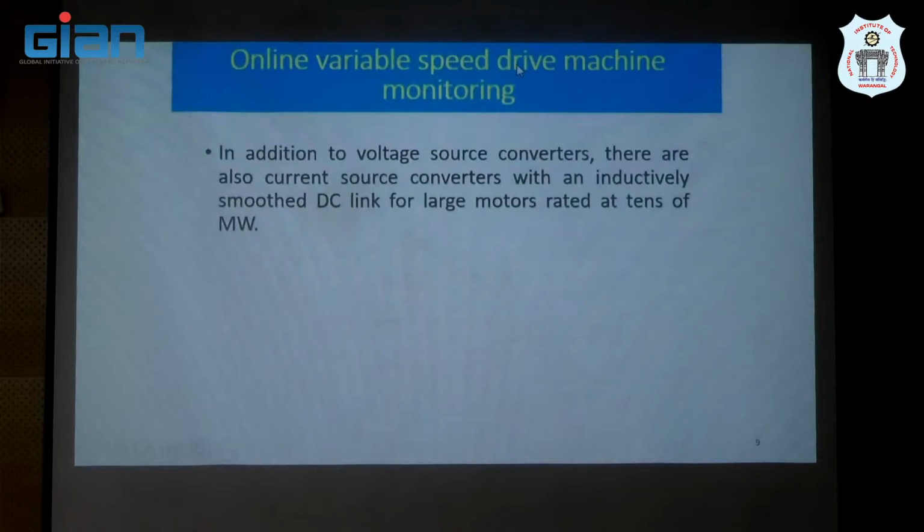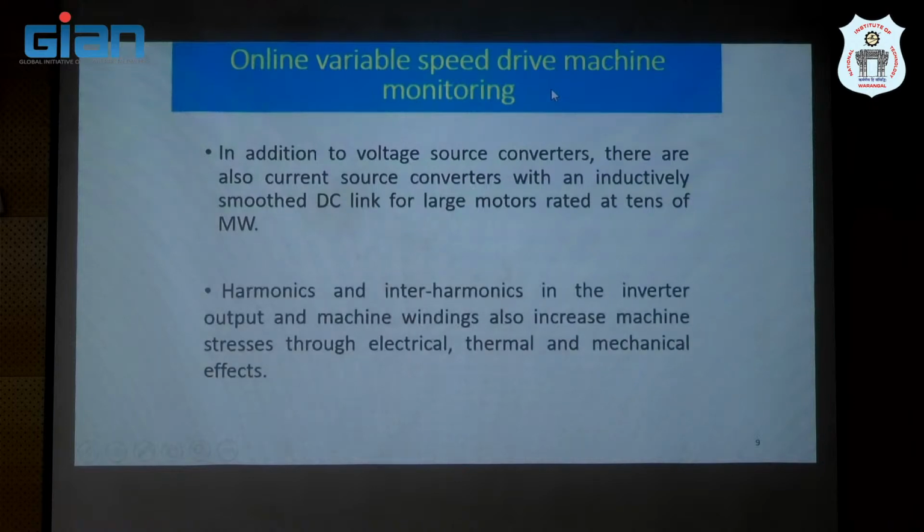In those voltage source converters, which are rated for megawatts also, we have to take care of all aspects like harmonics and interharmonics in the inverter output and machine windings. They also increase machine stresses, like electrical, thermal and mechanical effects.